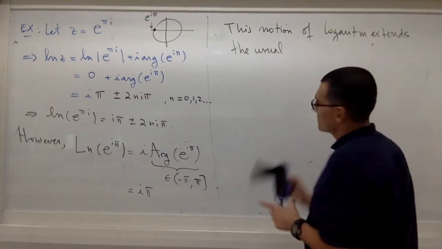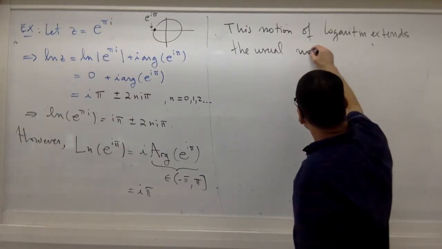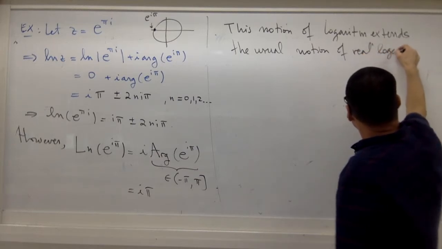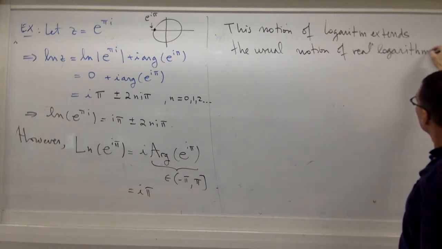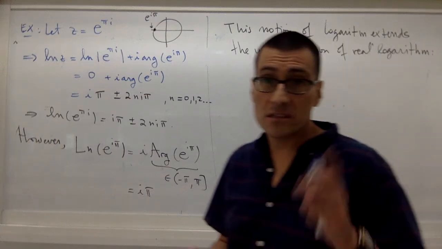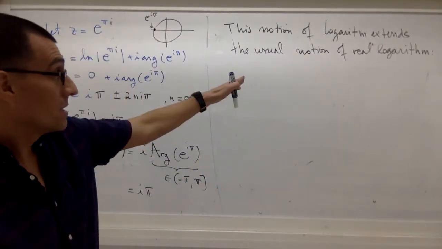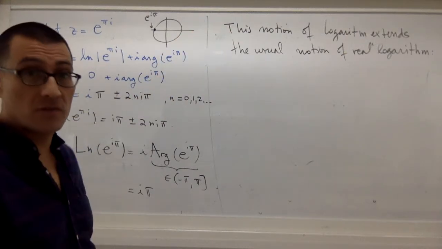That's what I want to say. Why, guys? Why does this function, the complex logarithm, extend the usual real logarithm?